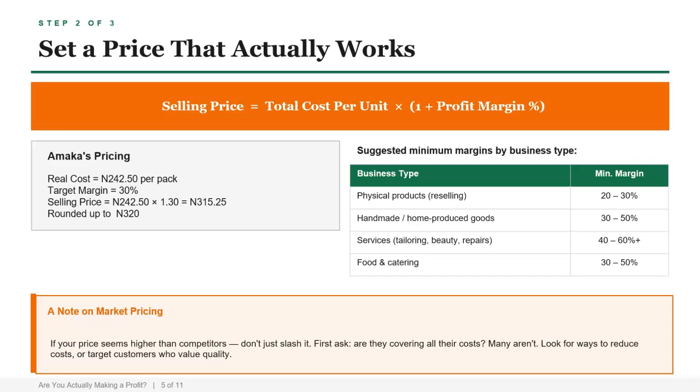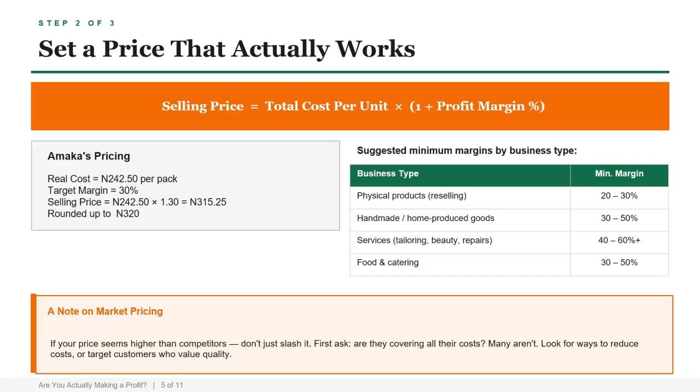A note on market pricing: if your price seems higher than competitors', typically what people suggest is to just slash your price to be at par with your competitors. But first ask yourself, are your competitors covering all their costs too?